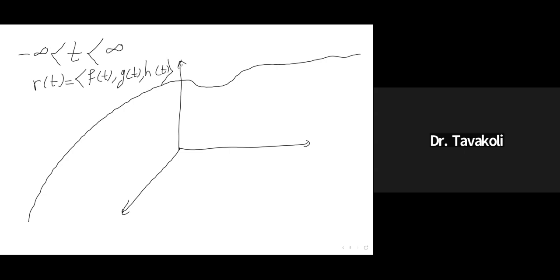So at any real number t1, the vector r(t1) will be a vector connecting the origin of the coordinate system to a point on the curve.